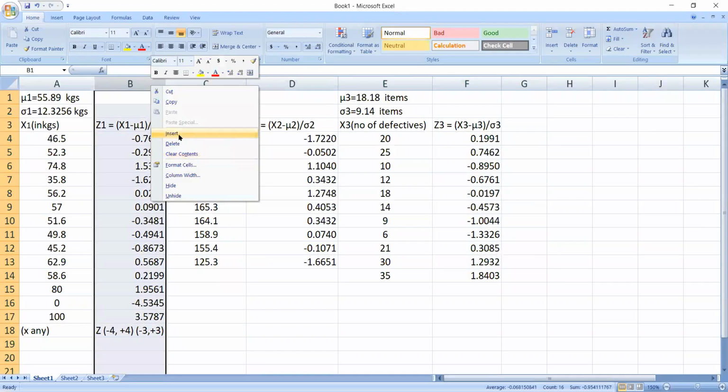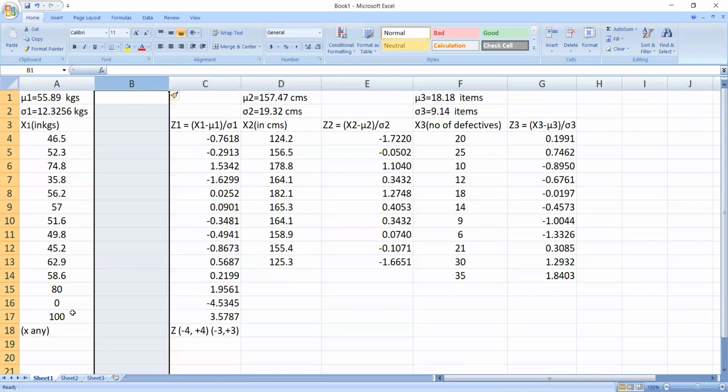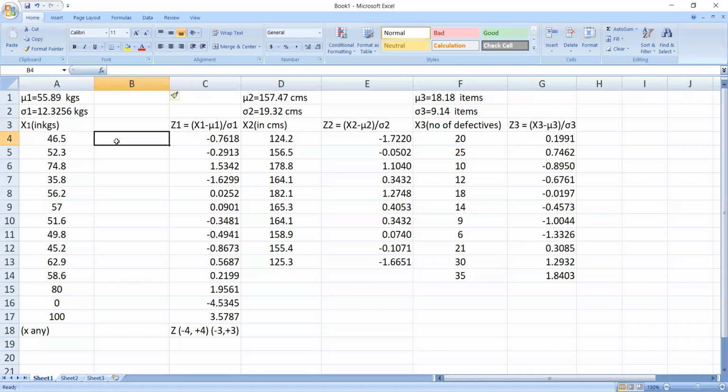I have x1 here, which ranges from 46 to, say, 100 inclusive. Now I'll compute mu plus 3 sigma and mu minus 3 sigma. Here mu is 55.89, and mu plus 3 times sigma, 12.3256, is telling you 92 as that value.